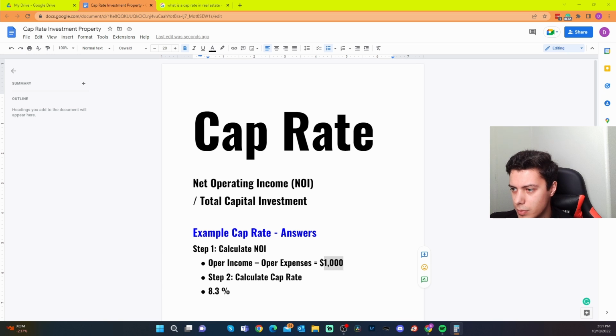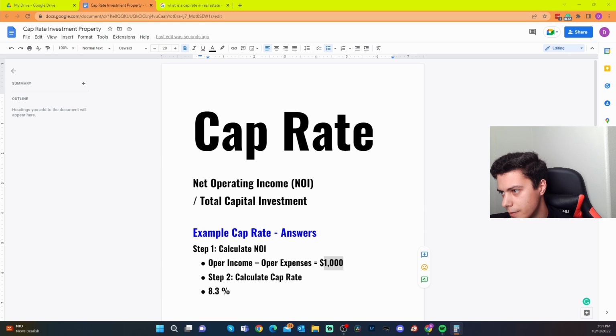So I bring up my calculator. I go $200,000 divided by $10,000. Okay, it should be 2%. So I did it wrong, because you're supposed to divide the NOI first and then by the market value. So $10,000 divided by $200,000.